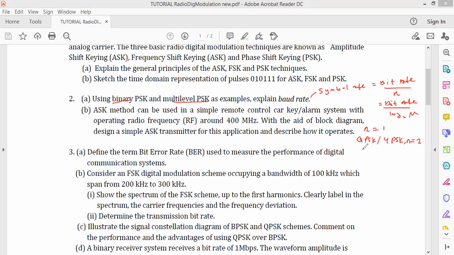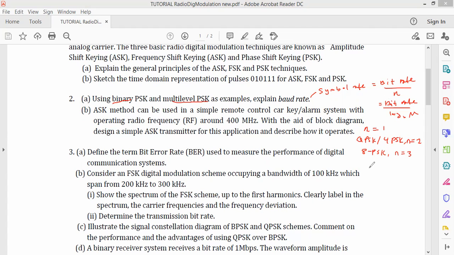If you consider 8 PSK, n is equal to 3. Okay. So if you look at symbol rate, when we change from n equal to 1 to 2 to 3, what will happen to our symbol rate?